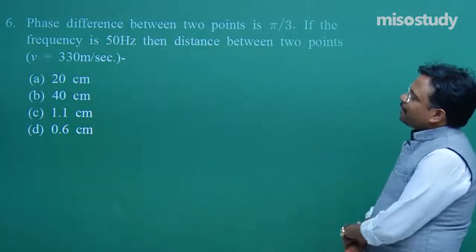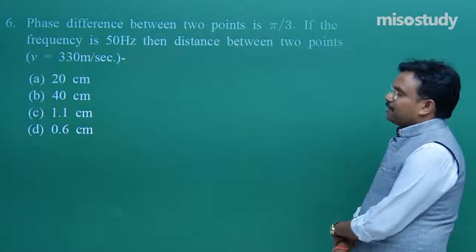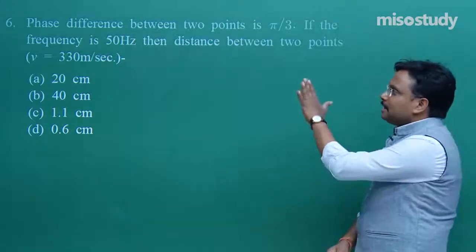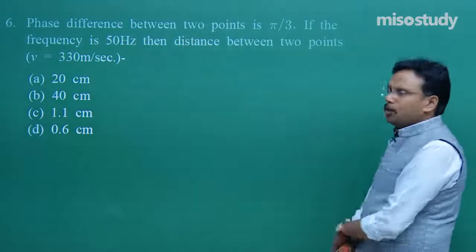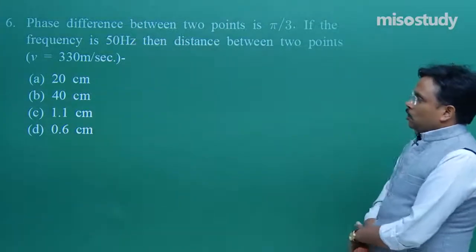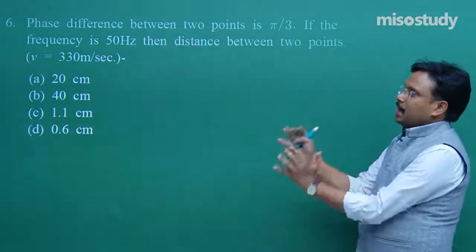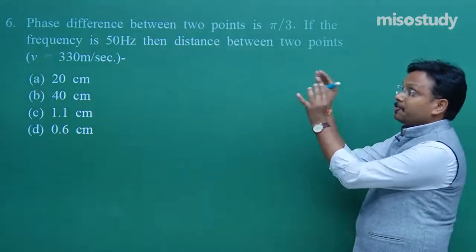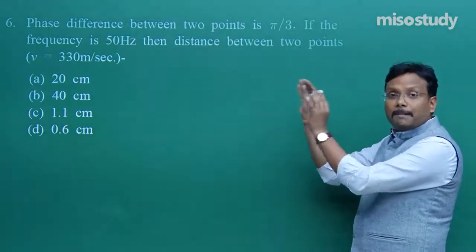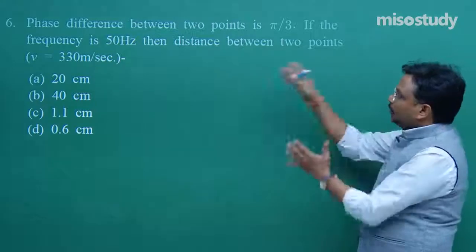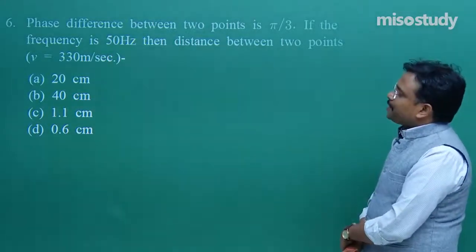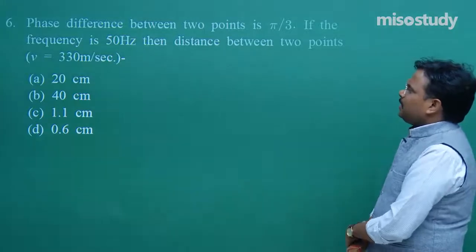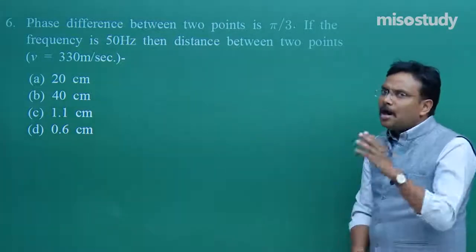Now phase difference between 2 points is pi by 3. Moment this type of question comes in front of your eyes, what you should do? You should first start thinking about that specific result that you can apply, and then you can put the values. Fine. If the frequency is 50 Hz, then distance between 2 points is how much?